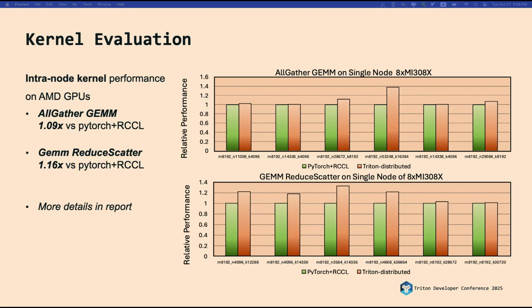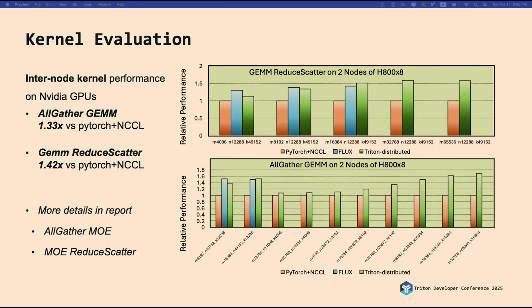Similarly on AMD GPUs, we reach about a 1.1x speedup for AllGather GEMM and GEMM ReduceScatter. And we also have the inter-node communication fusion kernels. For this case, we can reach up to 1.3x for AllGather GEMM and 1.4x for GEMM ReduceScatter. And note there are many more patterns in our report, so please take a look at the details in the report.